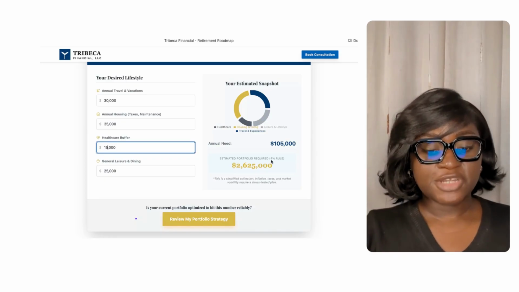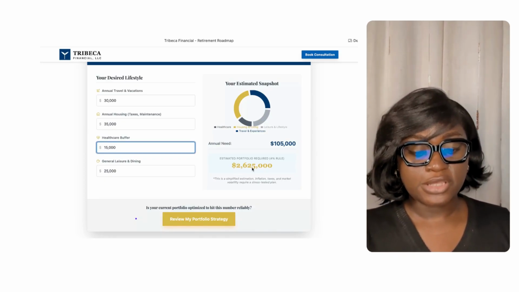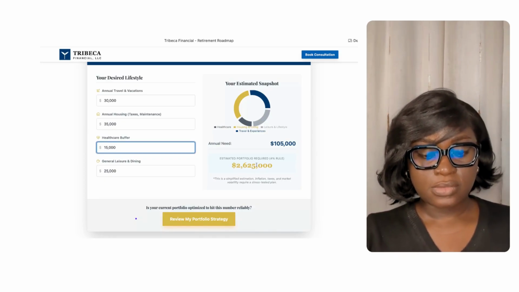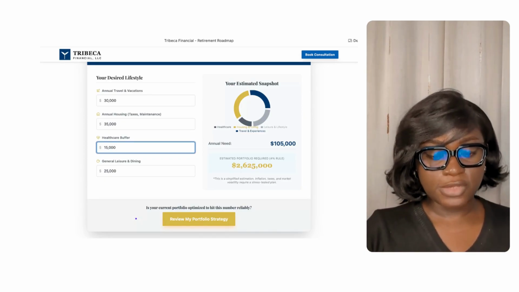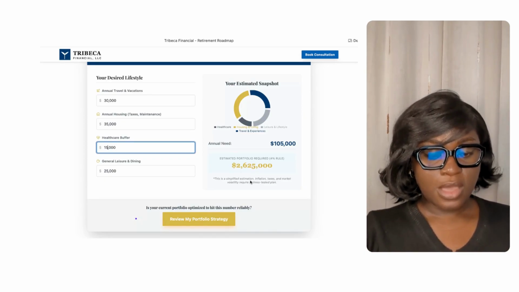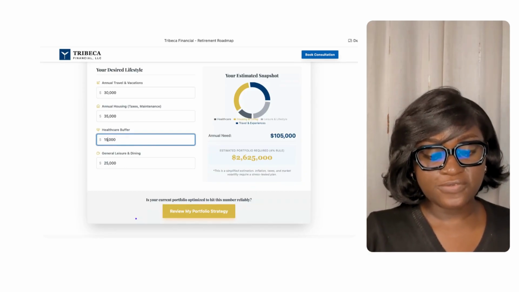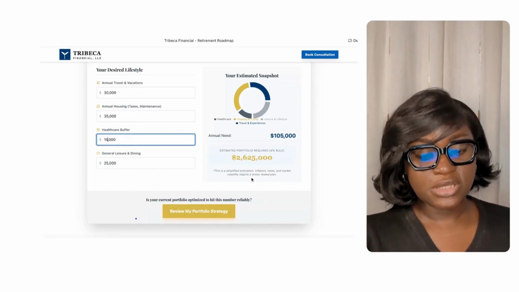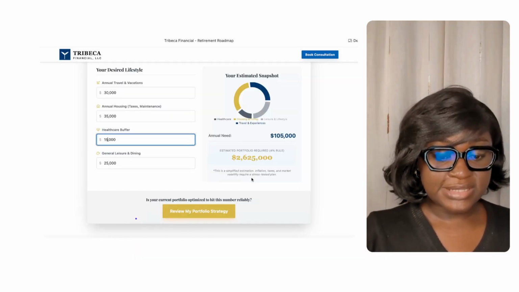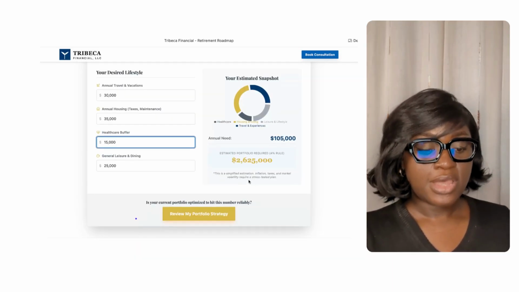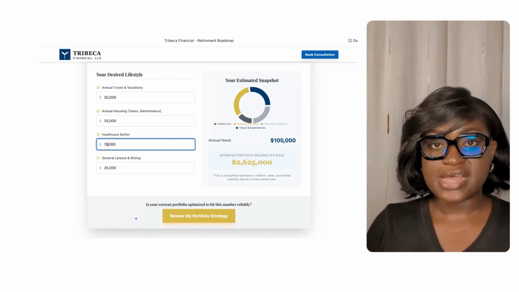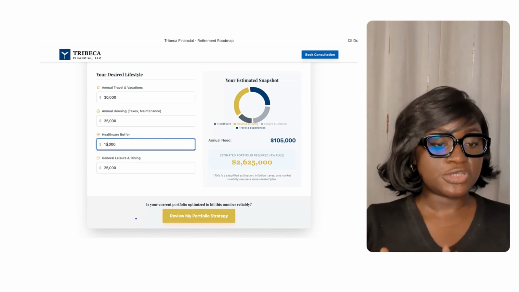So the estimated portfolio required is 2.625 million. And then we have a note telling us this is a simplified estimation. Inflation, taxes, and market volatility require a stress tested plan. And this ties directly to the service that the financial advisor is offering.